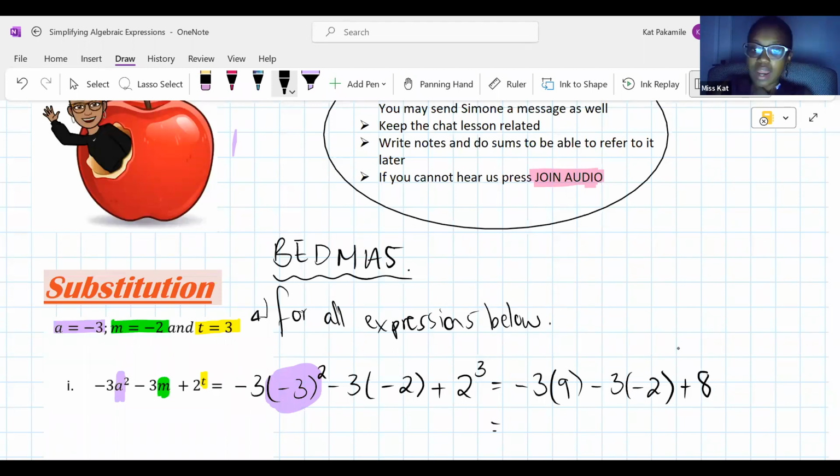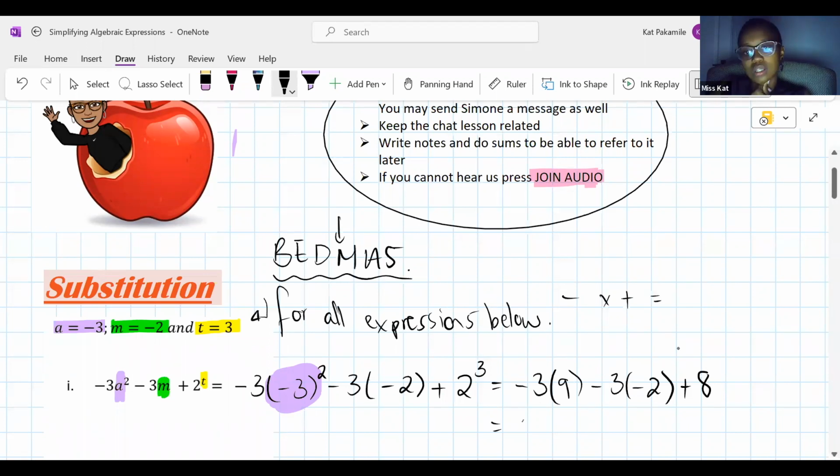Okay, now we're dealing with multiplication because there is no division, right? Yes, ma'am. Okay, let's multiply. A negative and a positive give you? A negative.